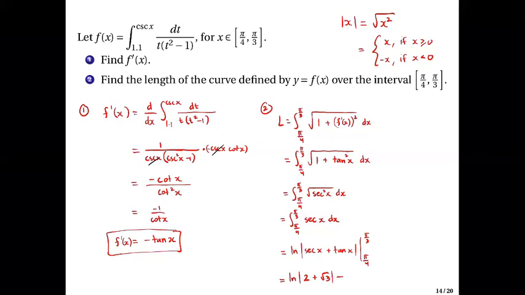Then minus ln absolute value, secant of pi over 4, that's square root of 2, plus tangent of pi over 4, that's 1. So this is the arc length of the curve y equals f of x over the interval pi over 4 comma pi over 3.